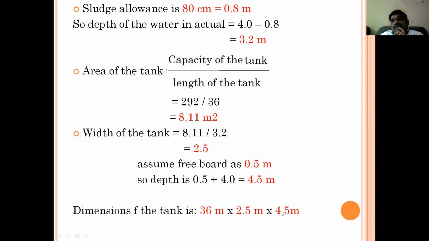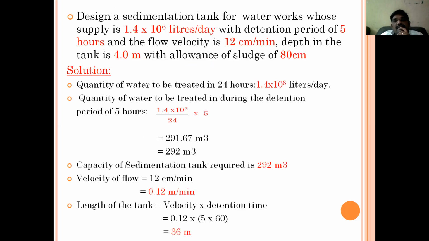This is the other type of problem, where we have a sludge allowance of 80 centimeters. See here, the values given are the quantity of water to be treated, the detention period, the flow velocity, the depth, and also the sludge allowance.